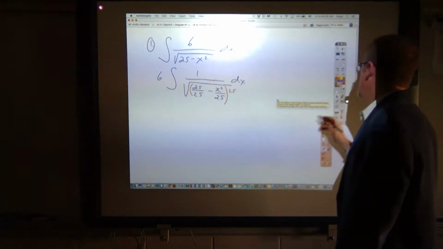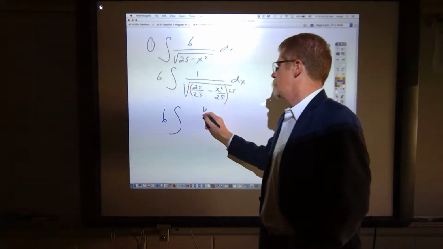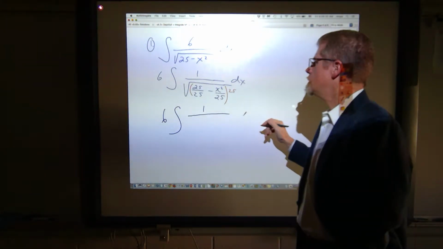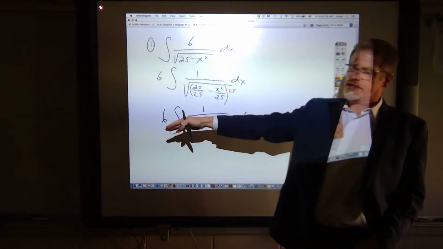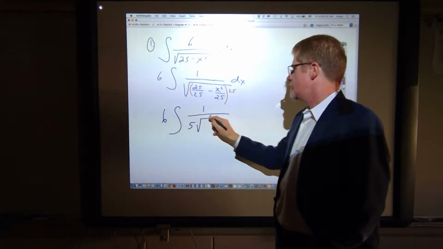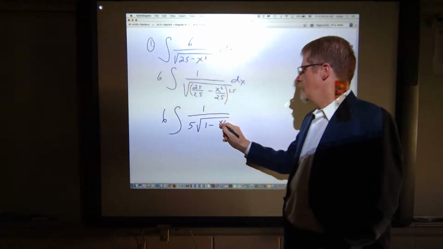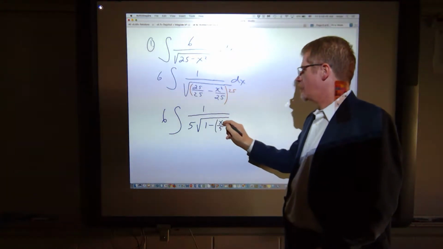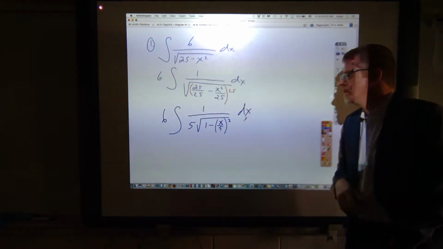Now my next move is going to be to pull the square root of 25 out and write it as 5 times the square root of 1 minus x over 5 quantity squared dx.